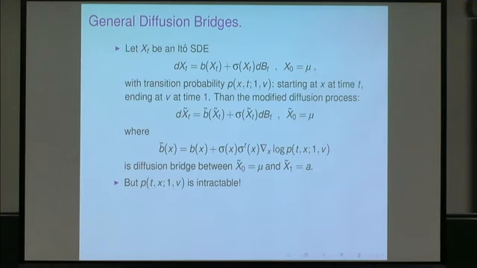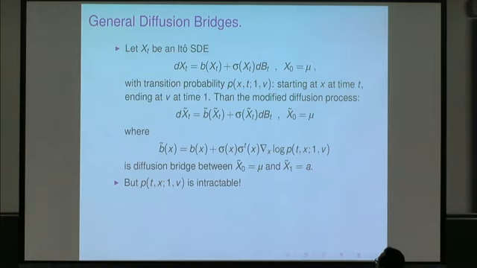Now for a generic SDE, the modification is given by a term that involves exactly the transition probability density. So if you want to take a generic SDE and say I want to make it into a Brownian bridge, you need to add a drift term which is given by the original drift plus the covariance times the gradient of the log likelihood.